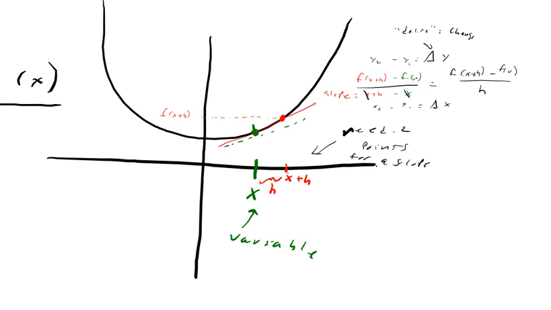Some small amount to the right of x, a little bit bigger. And then right here, this is f of x. So my change in y, this right here is delta y, and this right here is delta x.